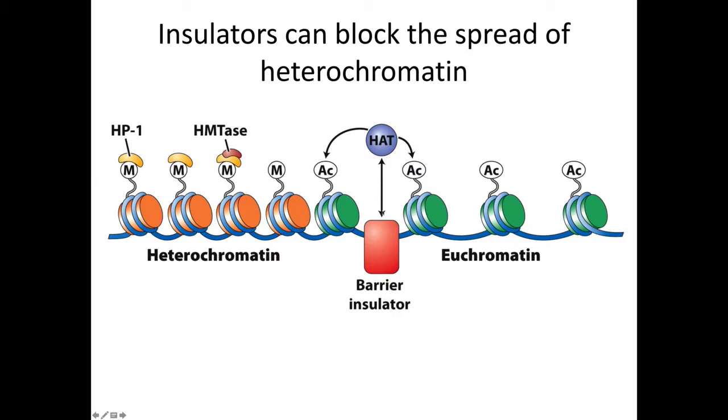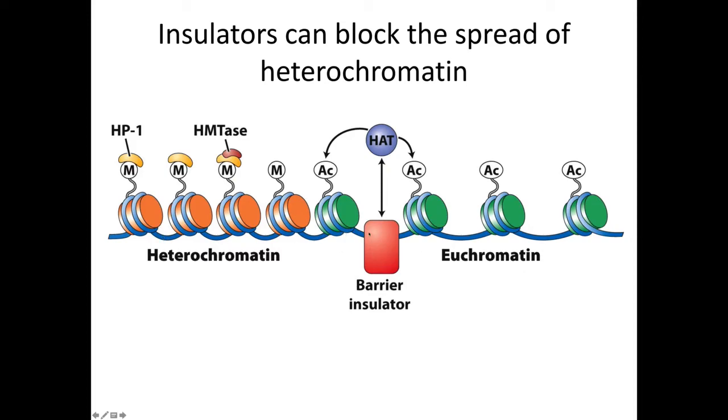There are barrier insulators that prevent this spreading from moving across. A histone acetyltransferase acetylates this and acetylates this. But if you remove the barrier, one of these chromatin states, either heterochromatin or euchromatin, can take over and spread.